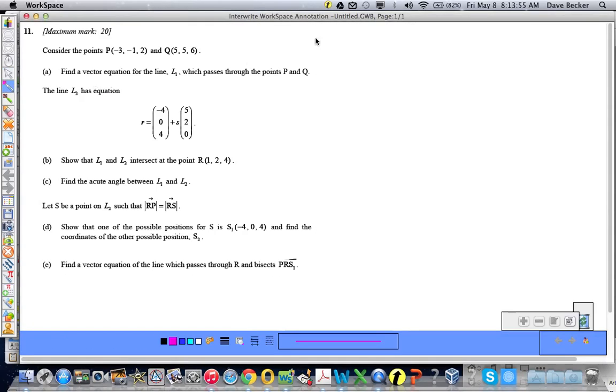So here we go. A, find a vector equation for the line L1 which passes through P and Q. Well, it's so easy. We just need a point and direction.